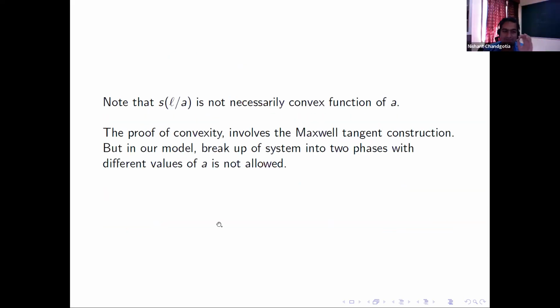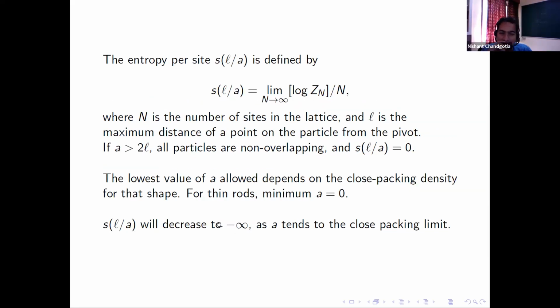So just intuitively, I would expect that if the spacing is larger, then all the particles are free to move, the rods are free to move. So in that sense, I would think that the entropy should be large. But the largest value possible is 0. It says that if the spacing is bigger than 2L, then particles are non-overlapping, and S is exactly 0, which is the maximum value possible.